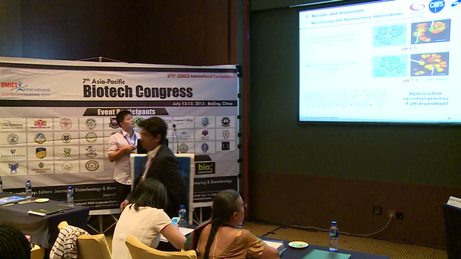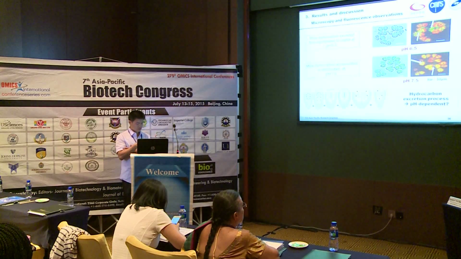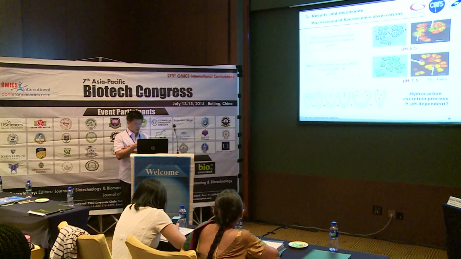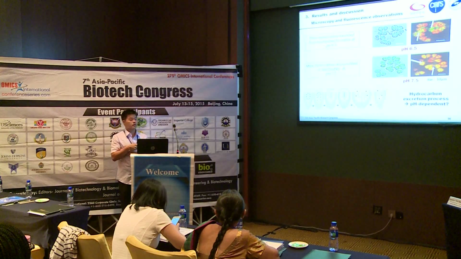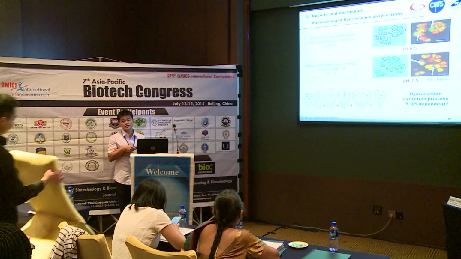It seems at pH 6.5 more hydrocarbon is accumulated out of the cell, because from the literature for this microalga, hydrocarbon is first biosynthesized in the cell, in the lipid bodies, then it can be excreted out of the cell to the cell surface, then accumulated out of the cell.